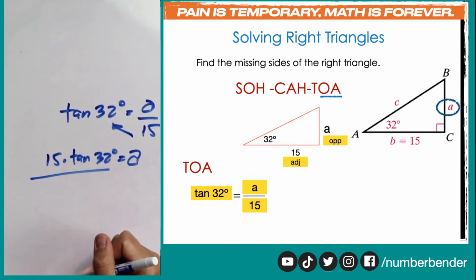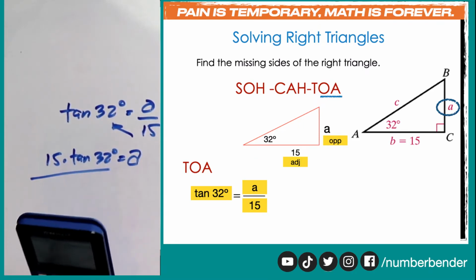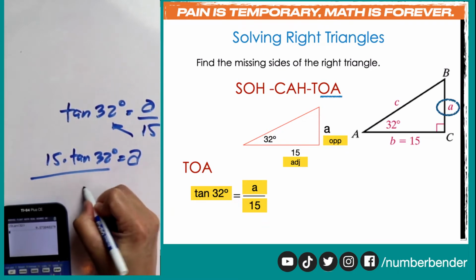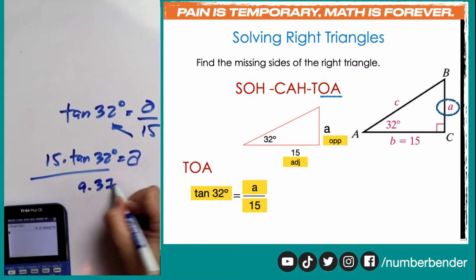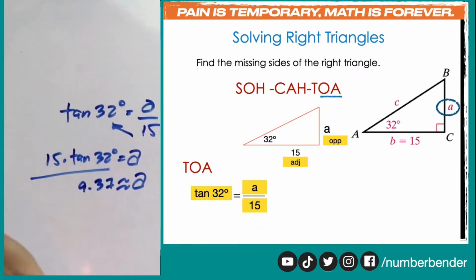Using our calculator, 15 tangent 32 degrees. Since my graphing calculator is pretty powerful, by just typing in all these values, I have 9.37, which is approximately equal to the side length A that we are looking for.